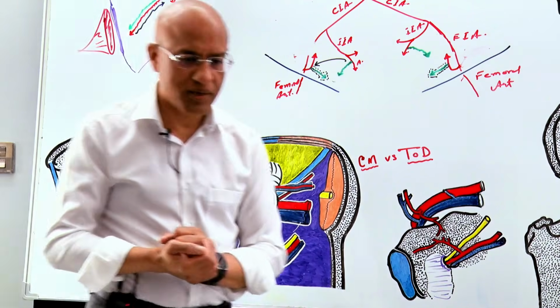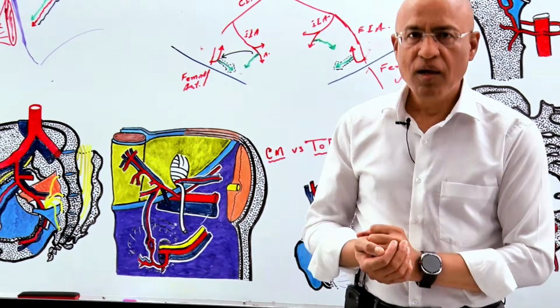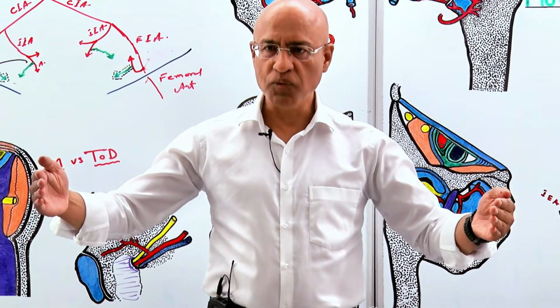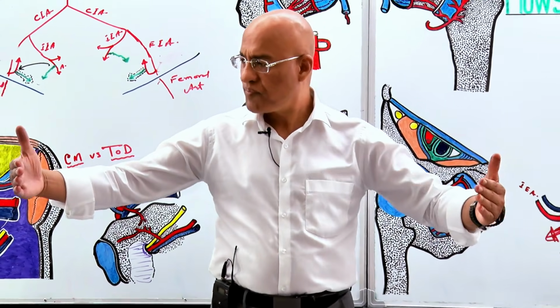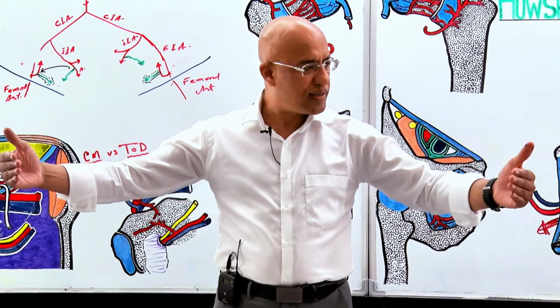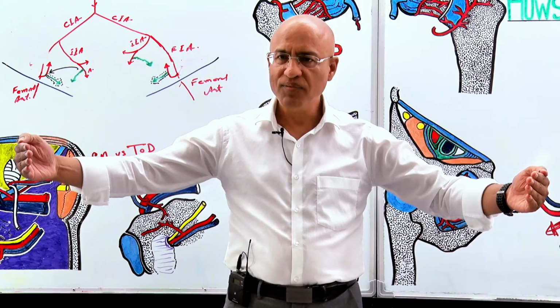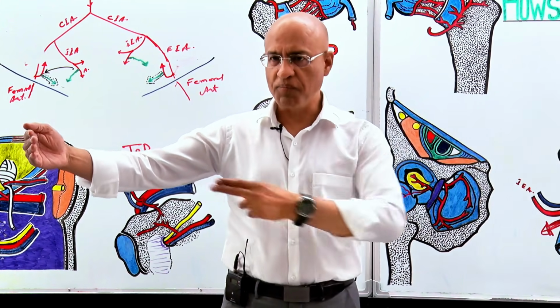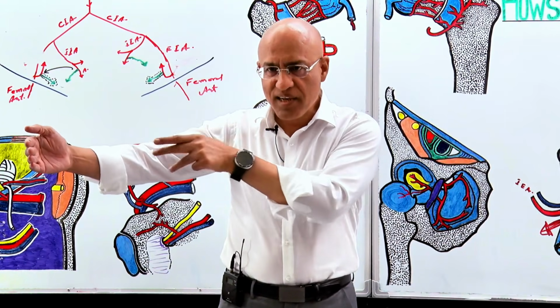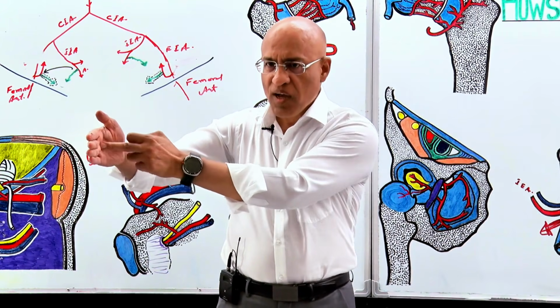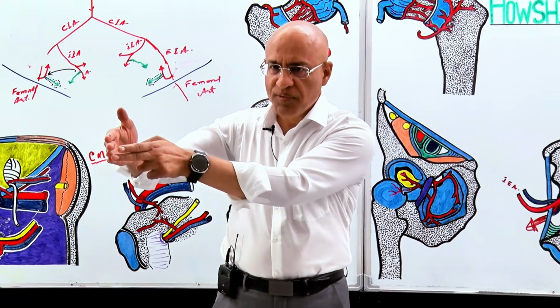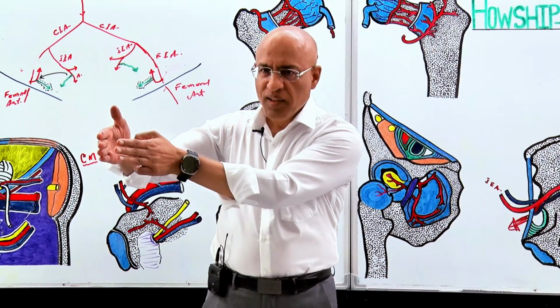So look at here. This is the pelvis, right? I'm standing inside the pelvis, and here is the lateral wall, right? From the internal iliac, on this side of the pelvis, what artery is coming? Obturator. Above that, obturator nerve. Below that, obturator vein.